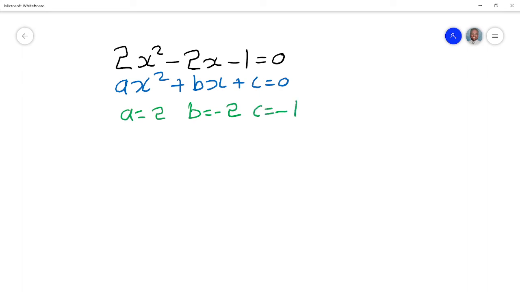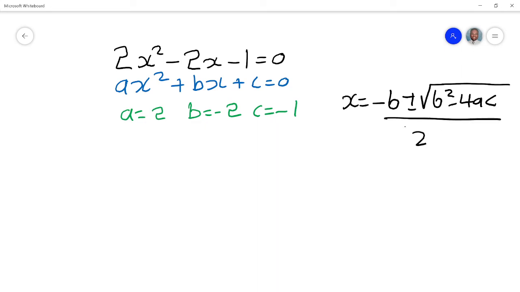So you can see in this question, we have some negative numbers in that. All right, so we're going to use the quadratic formula. It's always a good practice to write down the quadratic formula. So x is equal to minus b plus or minus the square root of b squared minus 4ac, over 2a.